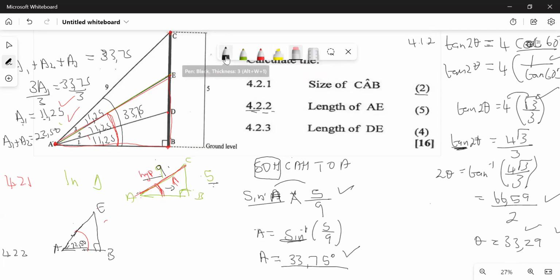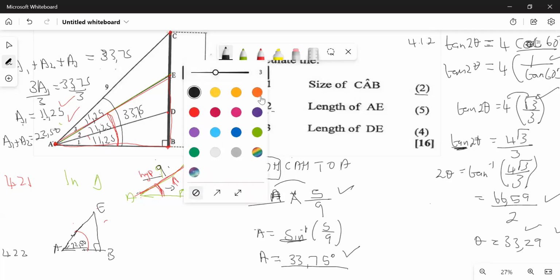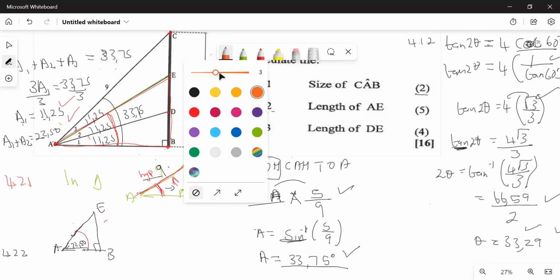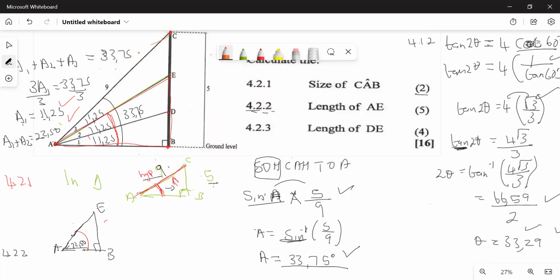Let's make that one a different color so that you'll see what I'm talking about. If you go back to this triangle here, the original triangle, there is something which is common between these two triangles.